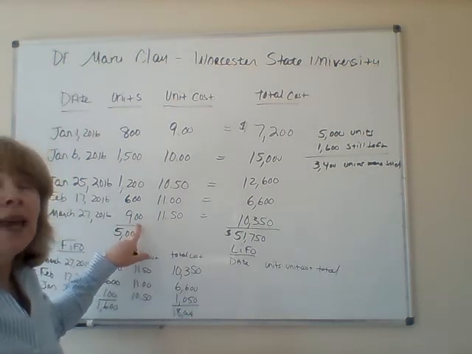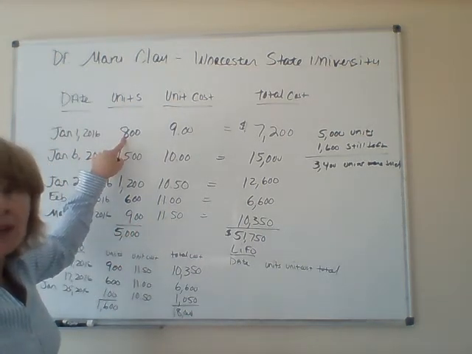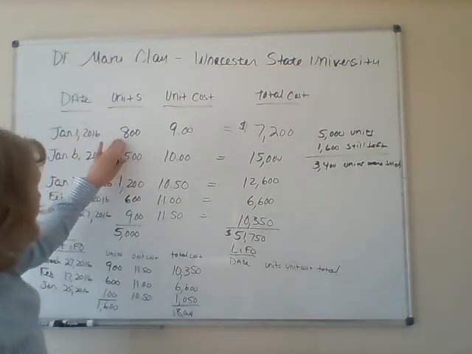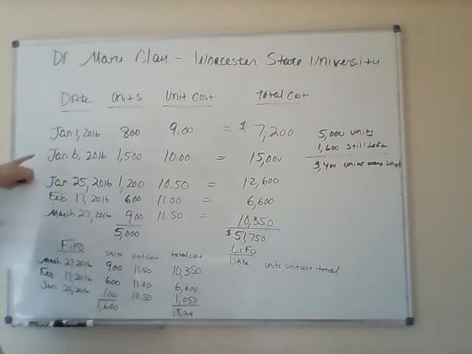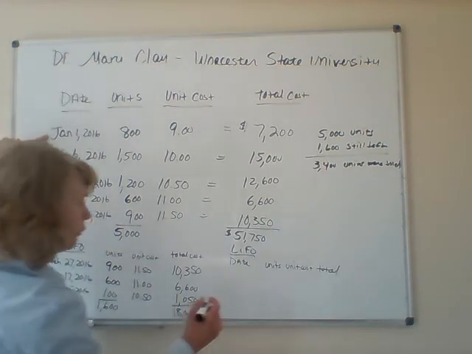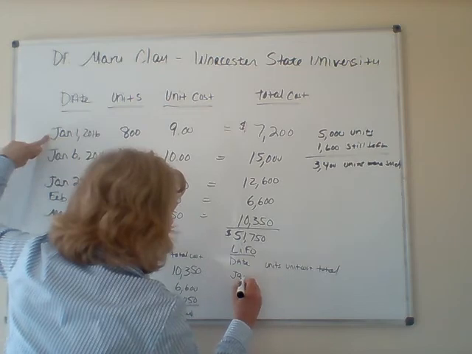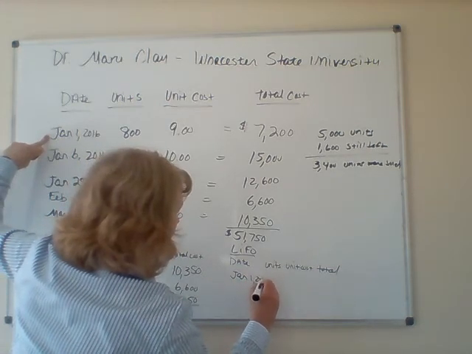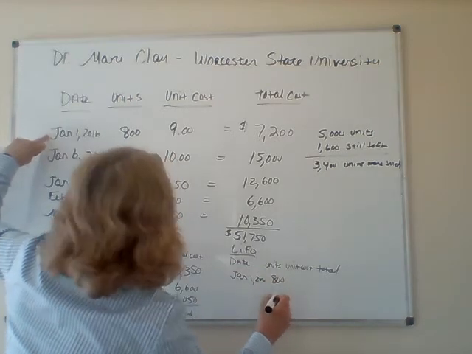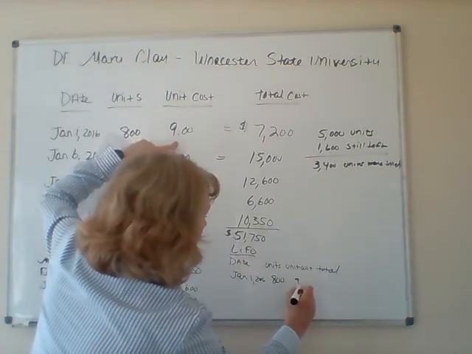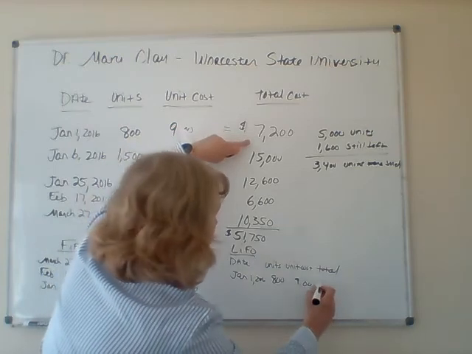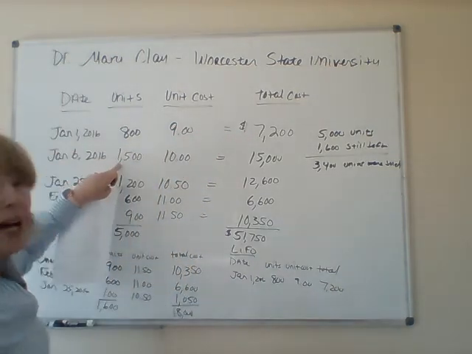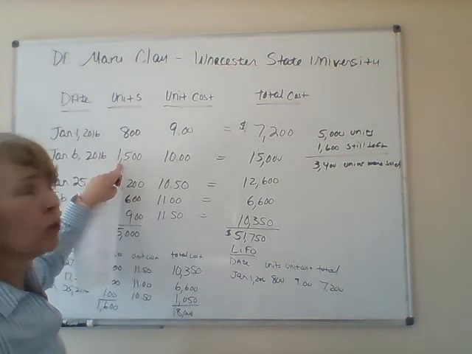So I want to start with the top, because those are still left. LIFO is going to probably be a little bit easier. So I start with January 1st, 800 at $9, I can just work with my math, 7,200. I go here. Well, guess what? How many can I take of that layer? I can only take 800.